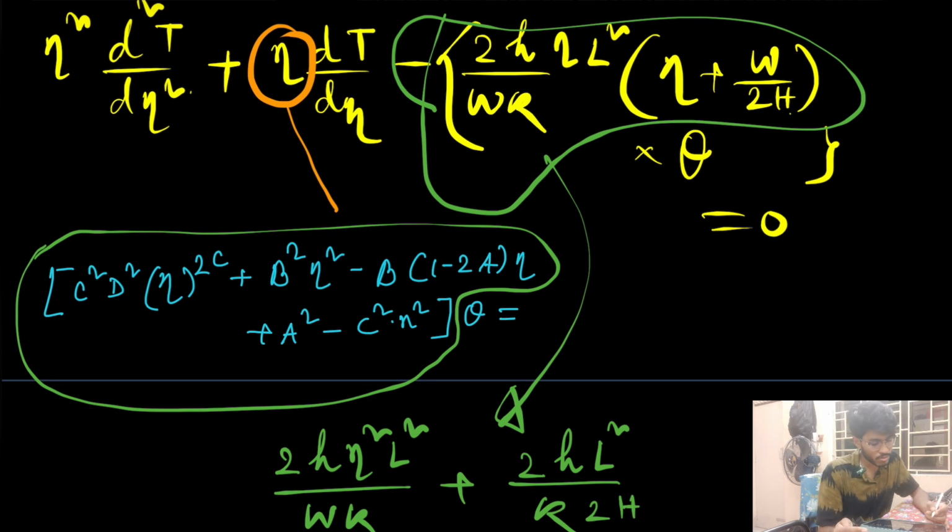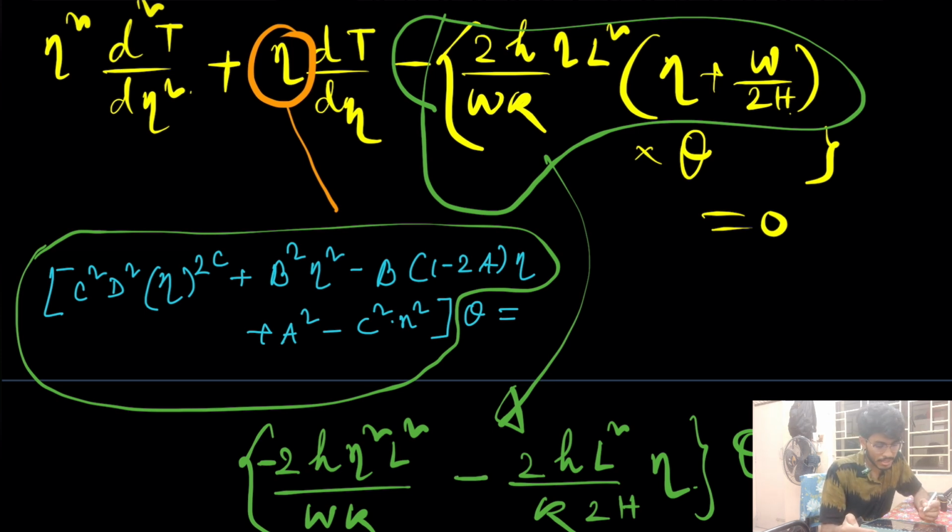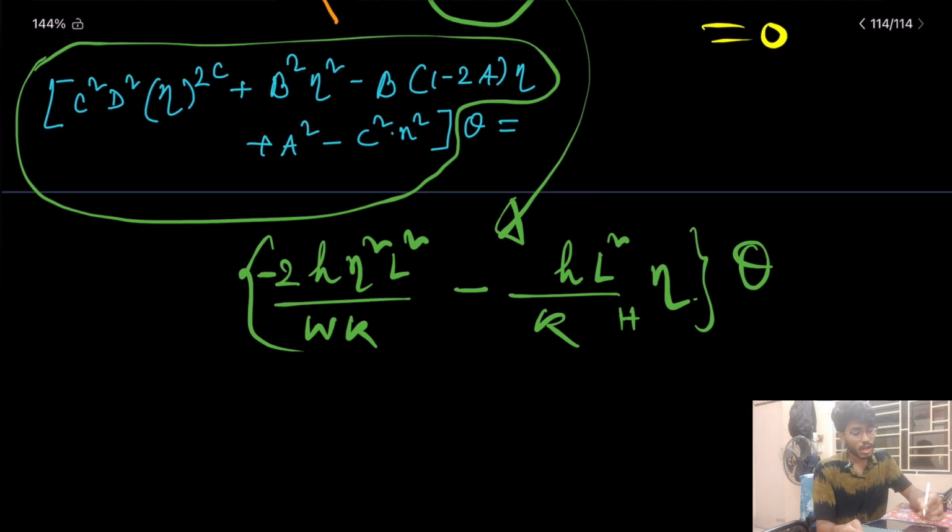Because W and W will be cancelled out, there will be one eta, right? This whole term into theta, and one minus is there, and let me take this minus inside. I think I have done it correctly. These 2's I can cancel out. Now let us compare.